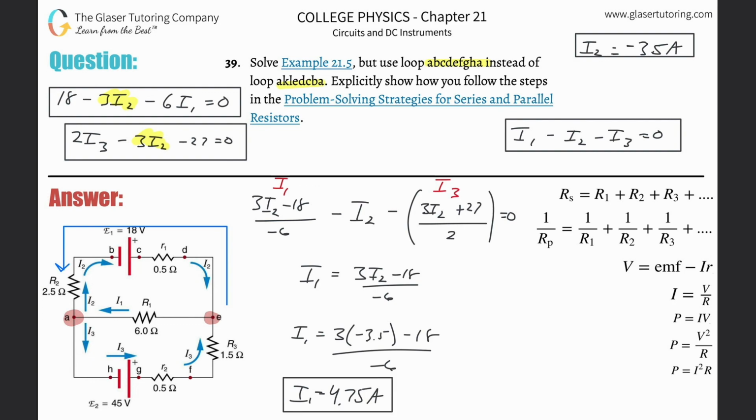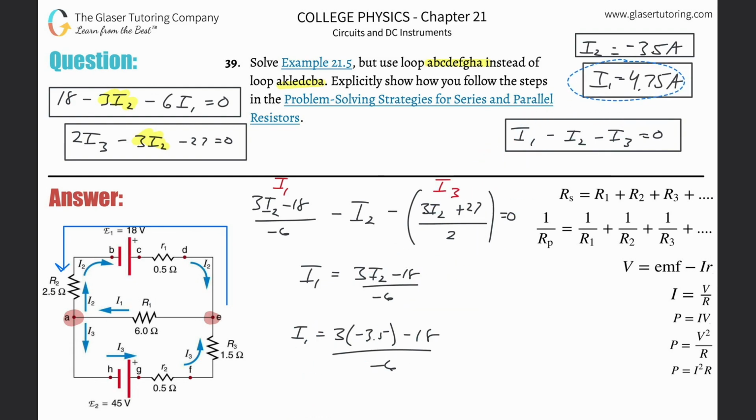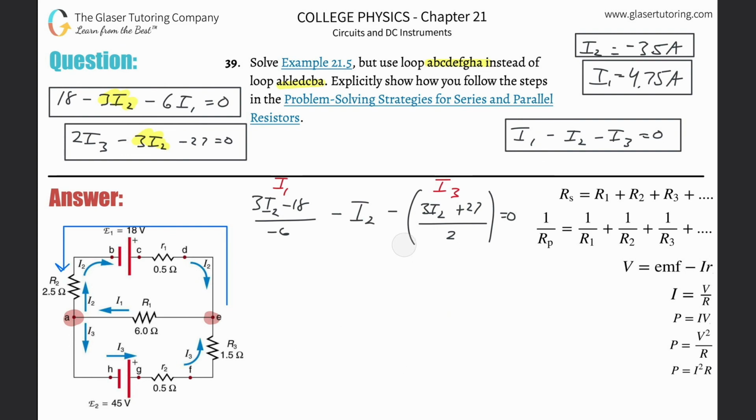That is I1. Now the current's positive. All that means is that I1 as stated here in the problem is pointing in the correct direction. It is going to the left. Okay, that's all it means. And we're going to put that up there. Great. And now we can solve for I3. You can do this in a couple of ways. The easiest way might be to use this formula. So we've got I1 minus I2 minus I3 equal to 0.